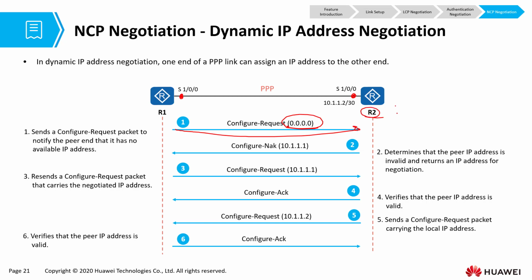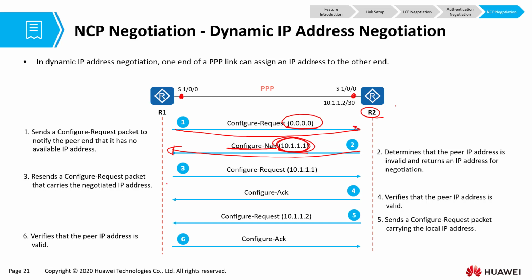Now when R2 sees that, it's going to send a configure non-acknowledge. We talked about that, non-acknowledge, and it's telling it, you know what, you can use this IP. It's good and I can communicate with it. So you will send a configure non-acknowledge, configure NAK, to R1, giving it an IP option that it can use.